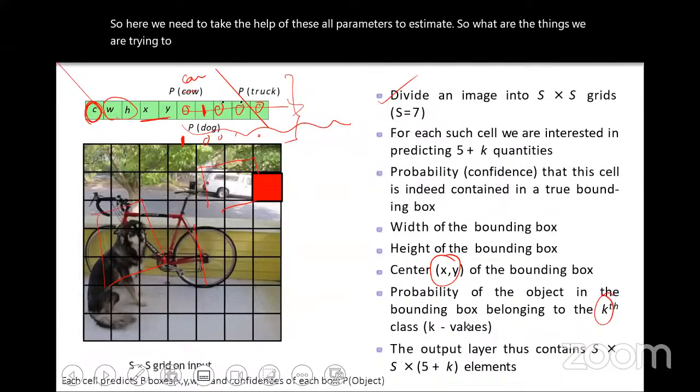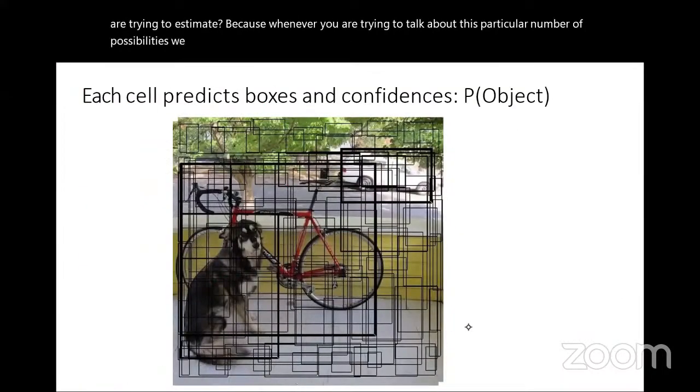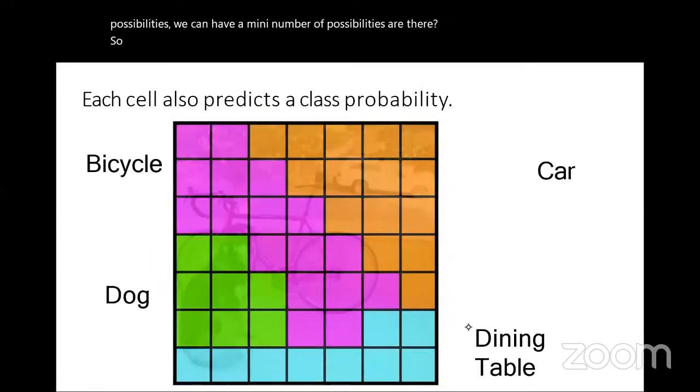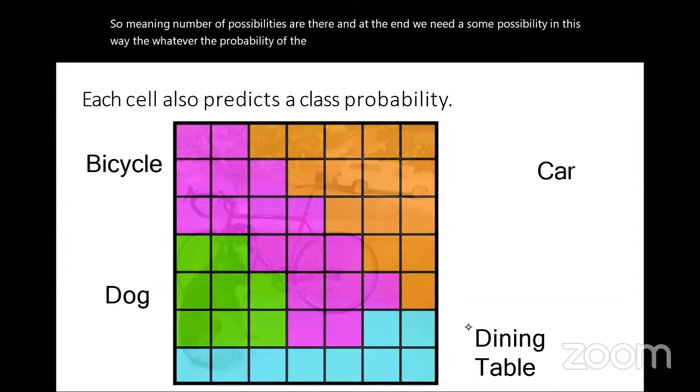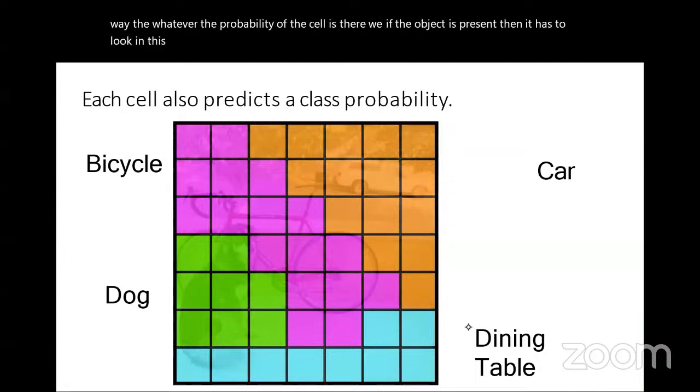Whenever you talk about this particular number of possibilities, there are many possibilities. And at the end, we need some possibility in this way. Whatever the probability of the cell is, if the object is present, then it has to look this way. How can we achieve this?